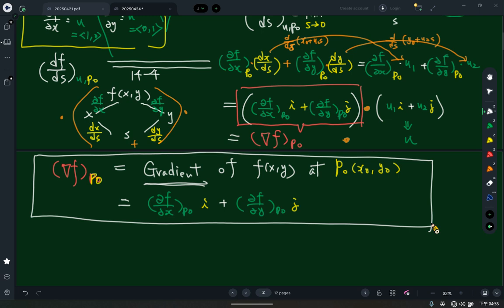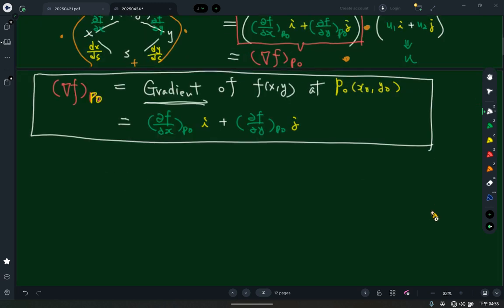This is a so-called gradient vector. So if we can get a gradient vector here, we just simply get u, then we just use dot operation on these two vectors, and then we can get the directional derivative.